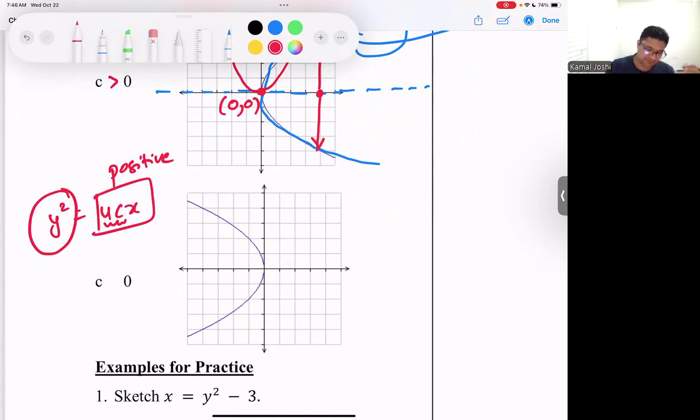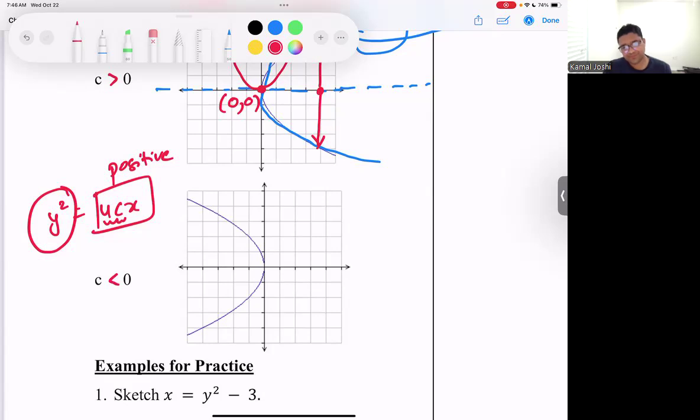X is negative, so how can you make the overall expression positive? Your c is also negative. C is negative, x is negative, so when you multiply negative and negative, the full expression becomes positive, and that makes sense because it's y square on the left side.